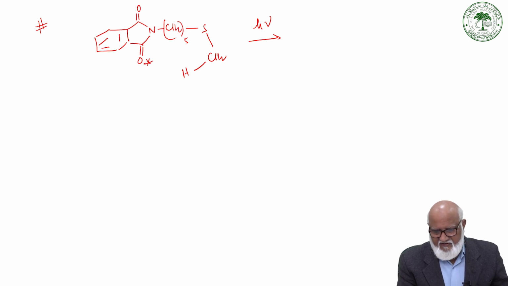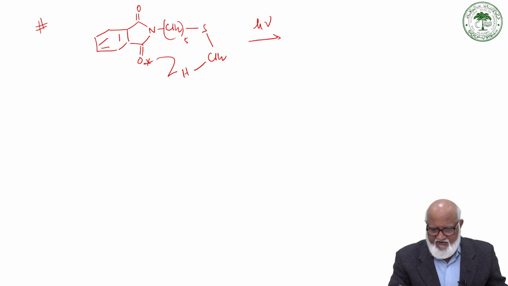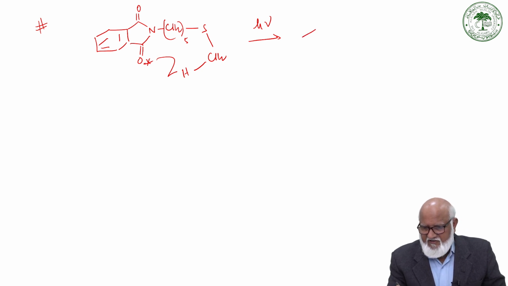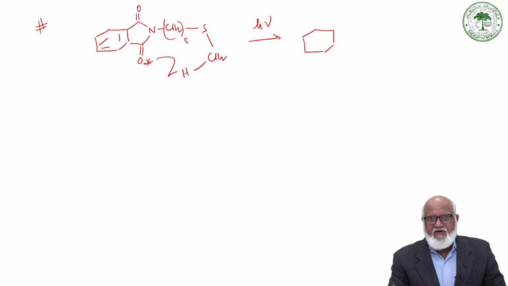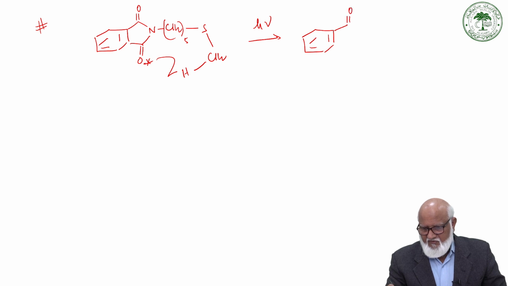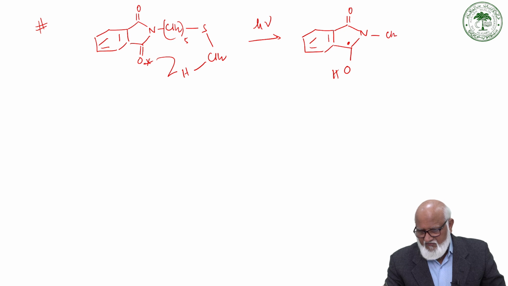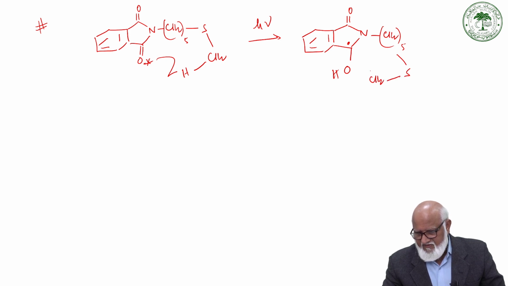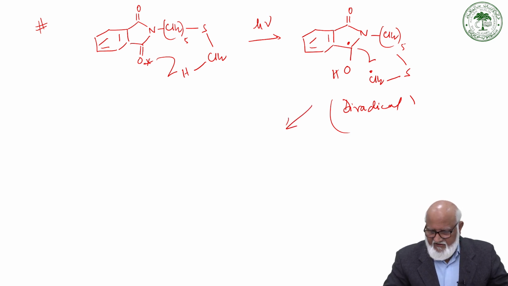This excited carbonyl can abstract a hydrogen atom to generate the corresponding diradical, C double bond O, N, OH, a diradical, CH2 5 times, S is a sulfur here, is a CH2 here, a diradical, and then this will combine to give a cyclic product.